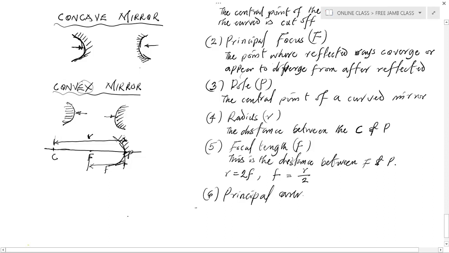That one is the line joining the center of curvature, the principal focus and pole together. This line is what we call principal axis. Now it's just 1 minute 20 seconds.